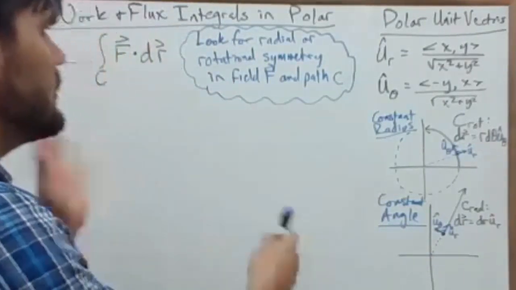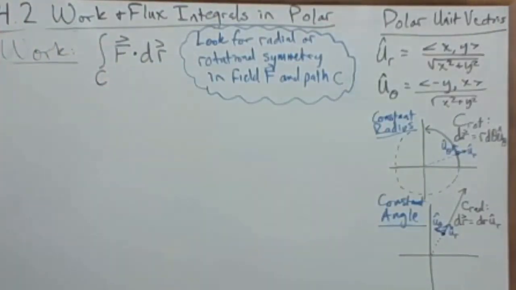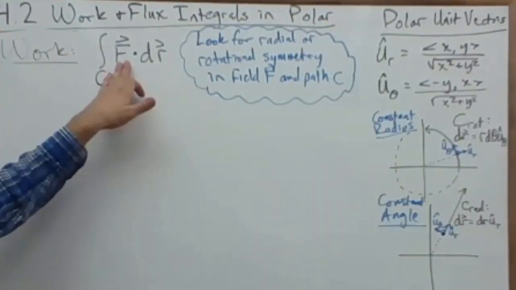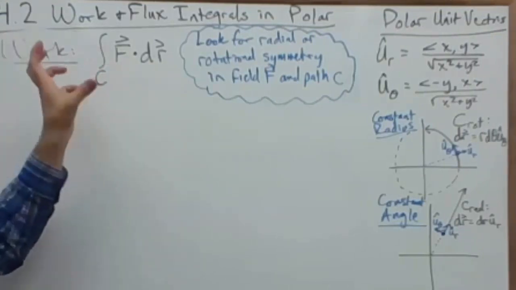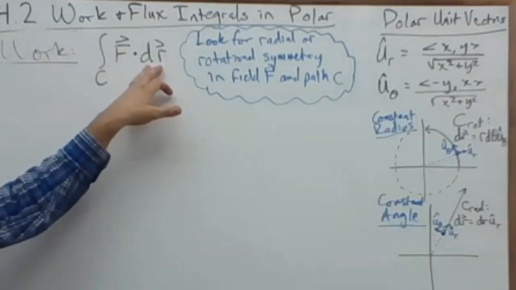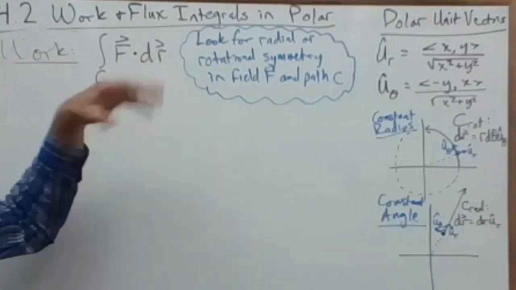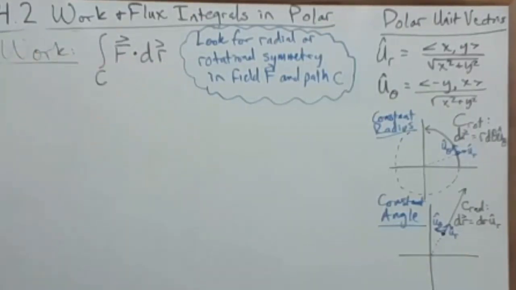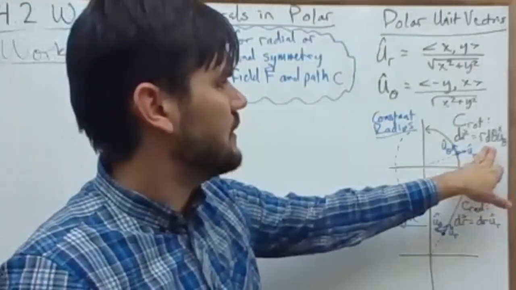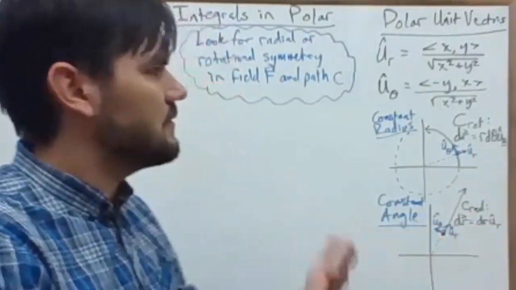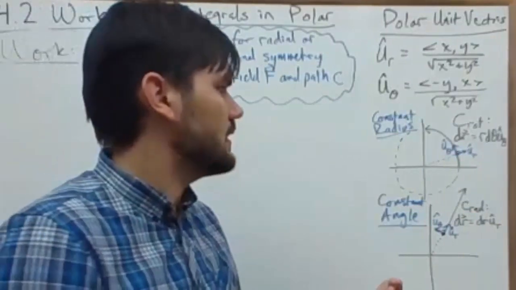Okay, so let's use an example to simplify our work calculations. Again, work is the force or the field dotted with dr, the direction of the path, the change as we move around. So before we do an example, let's just look at how these dr's are developed in terms of polar coordinates.